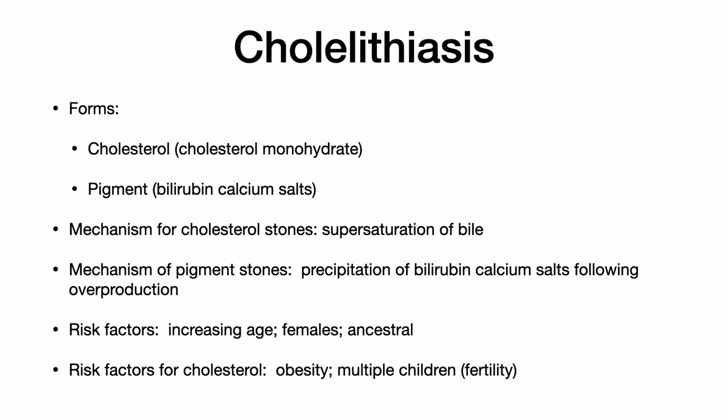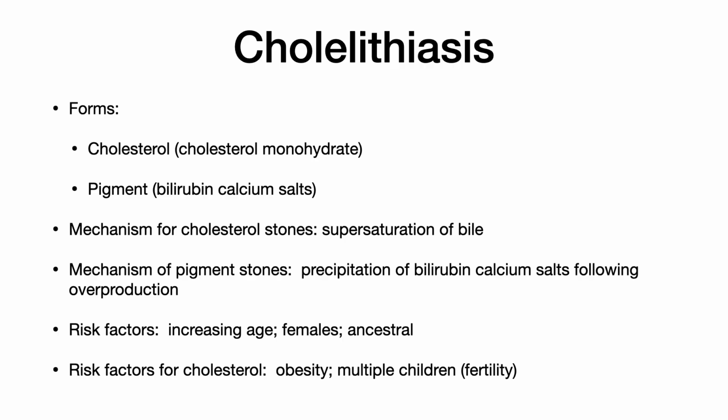They're usually cholesterol, which is made of cholesterol monohydrate, or pigment, which is bilirubin. The mechanism for cholesterol stones is supersaturation of the bile with cholesterol. And the mechanism of pigment stones is precipitation, or I guess kind of supersaturation, with bilirubin and calcium salts, following overproduction. So one way that you can produce too much bilirubin is with unconjugated bilirubin.